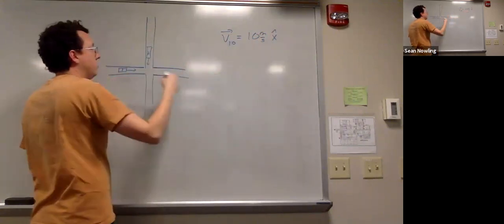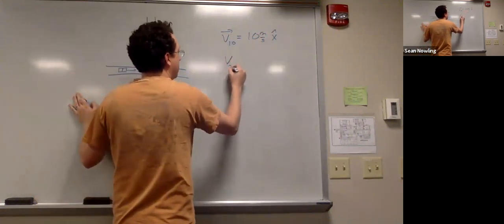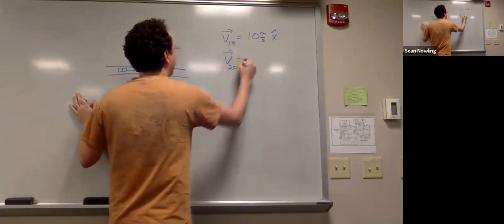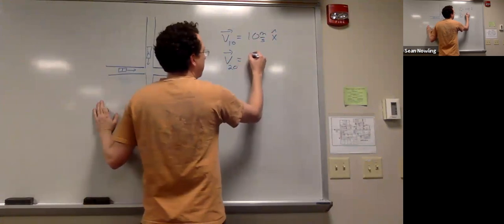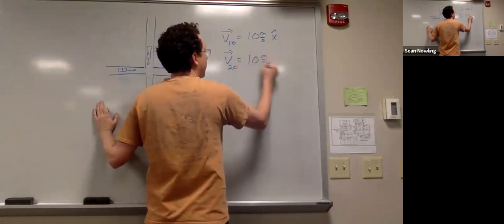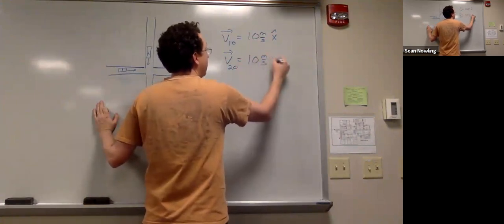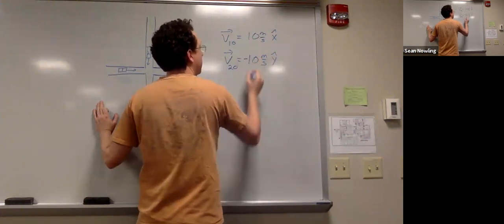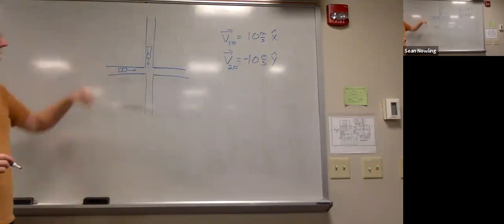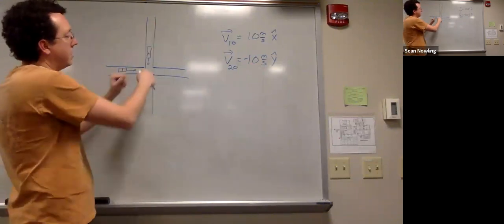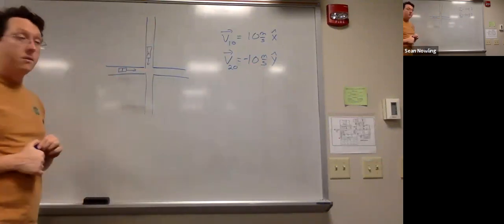Whereas for car 2, let's say it also has a speed of 10 meters per second, and that would be in the negative y hat direction. So it would be a negative velocity in the y direction. And we're going to assume that they collide and stick together.